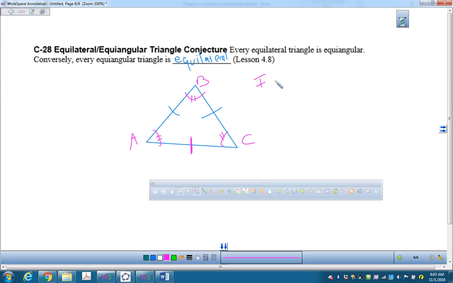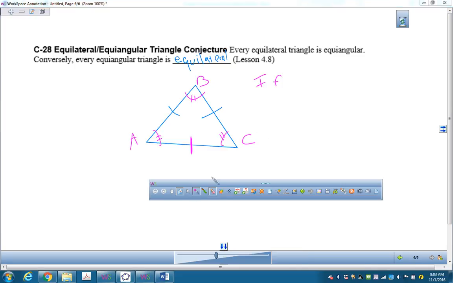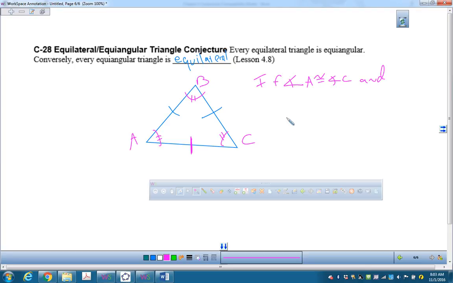if angle A is congruent to angle C because it's an isosceles triangle, and angle A is also congruent to angle what?